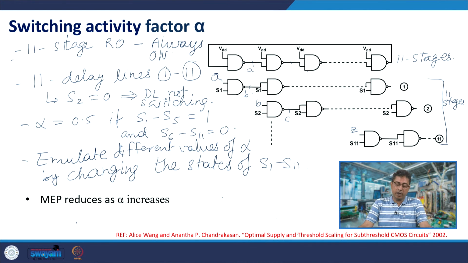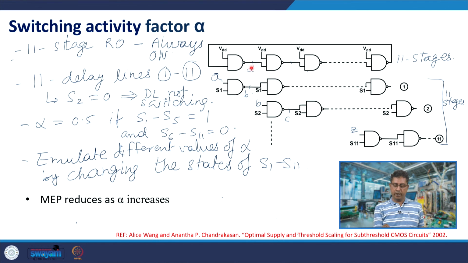Now, let us look at the implication of the switching activity factor. So, how would one extract the switching activity factor? This circuit would give us, for a given PDK and a given standard cell library, a good estimate of the relation of minimum energy point with switching activity factor. So, now this is a ring oscillator, say 11 stages, and you have 11 delay lines, each of 11 stages. 11 is just an example here.